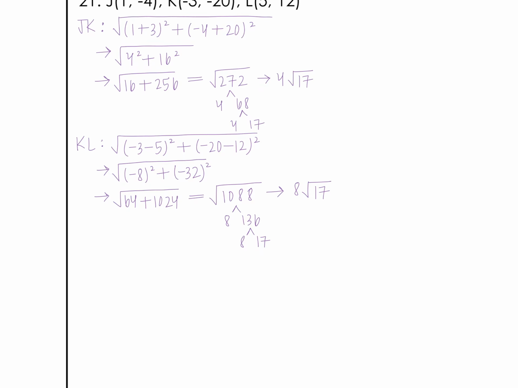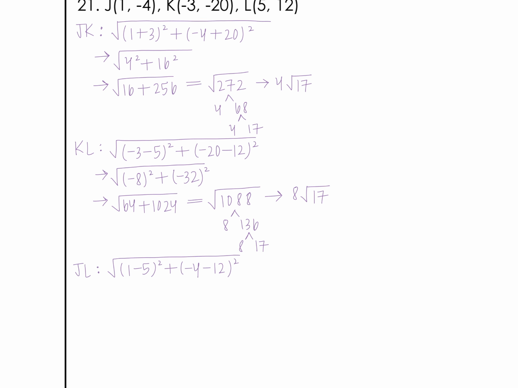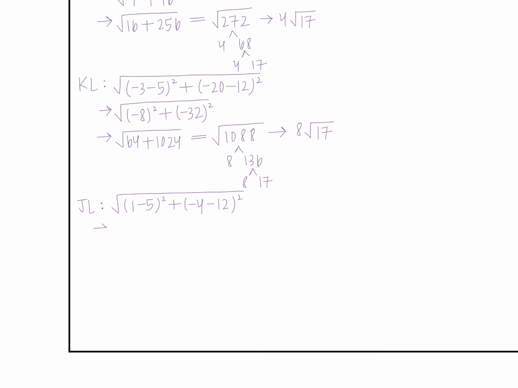All right, and then for my final side, we are going to have JL. Okay, so we'll take 1 minus 5 squared plus -4 minus 12 squared. Okay, so 1 minus 5 is going to leave me with a -4 squared.